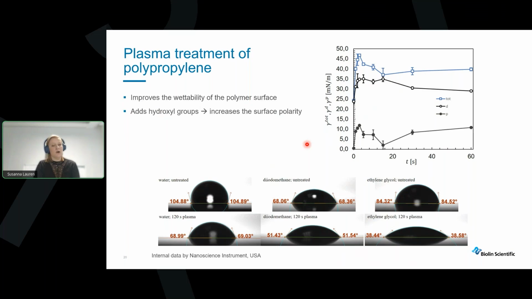Probably the most common way to do it is to use water and diiodomethane. So then you can calculate your surface free energies based on one of the most commonly used surface free energy theories called OWRK.